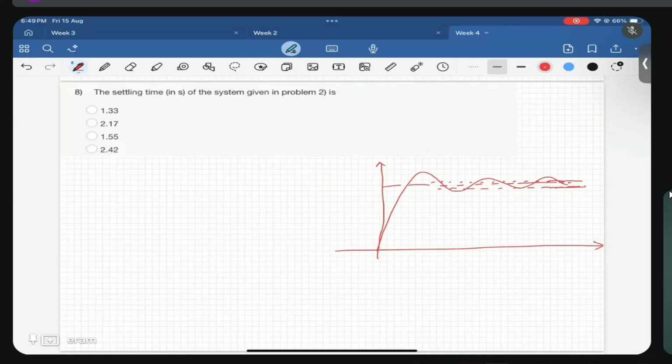So if this is the steady state value, how much time will it take to settle around 2% of this value? It will stay like this.